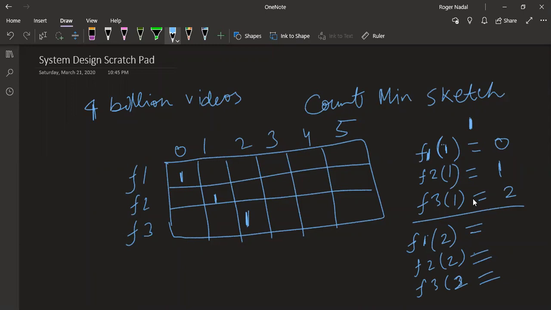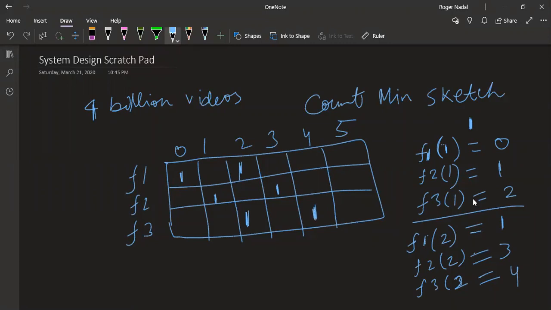Let's say 1, 3, 4. So let's sketch this: F1 of 2 is 1, so that becomes 1. F2 of 2 is 3, so let's make this 1. And F3 of 2 is 4, so 4 will become 1.